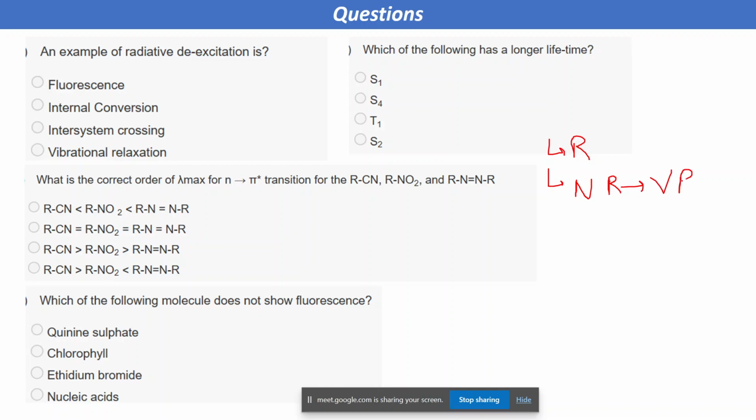In vibrational relaxation, the energy is lost in the form of heat, so there is no radiation. But in radiative transitions, there are radiations, and the examples are fluorescence and phosphorescence. So in the question they were asking for an example of radiative de-excitation. So the answer is fluorescence. Is it clear?